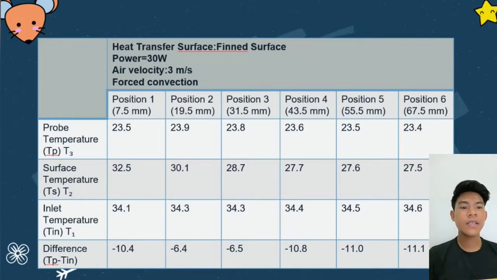The inlet temperature is quite the same, which is 34, with only different decimal numbers, and the difference temperature for position 1 is negative 10.4 and position 2 and 3 is negative 6.4 and 6.5. For position 4, 5 and 6 is negative 10.8, negative 11 and negative 11.1.